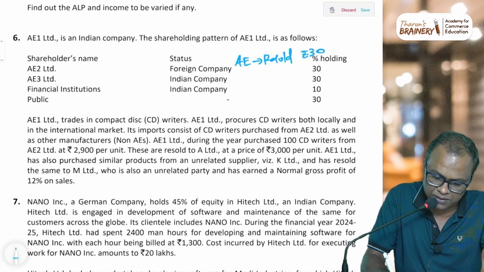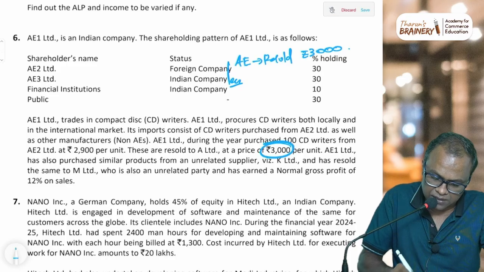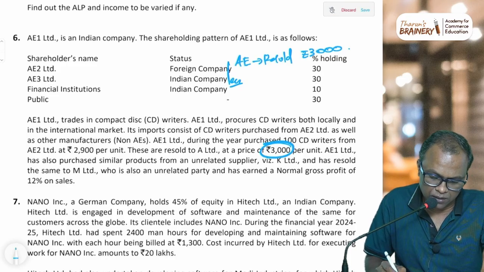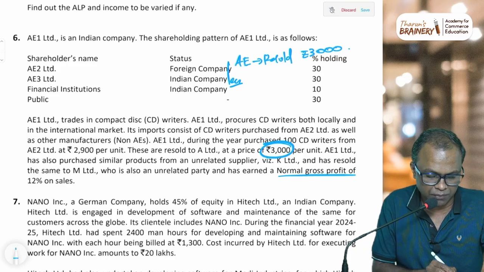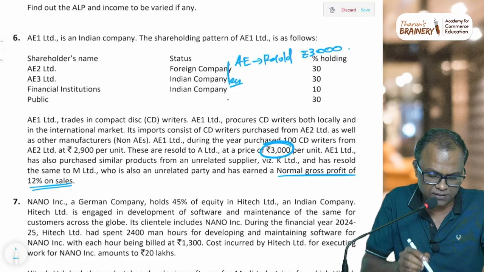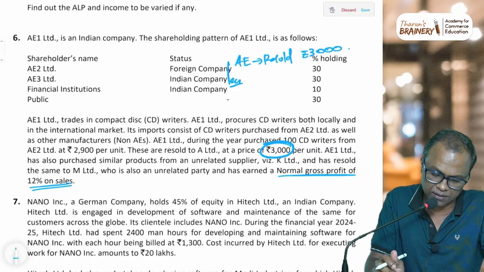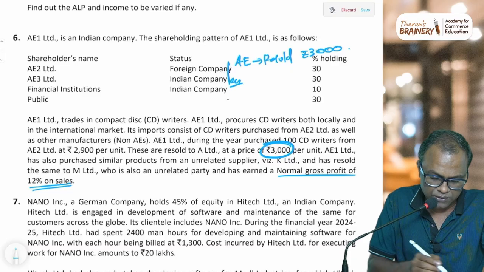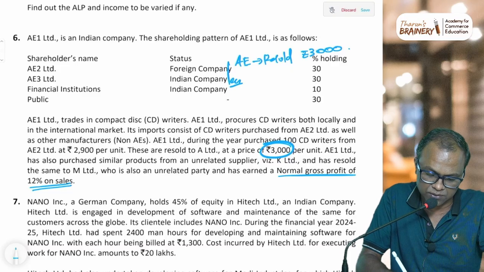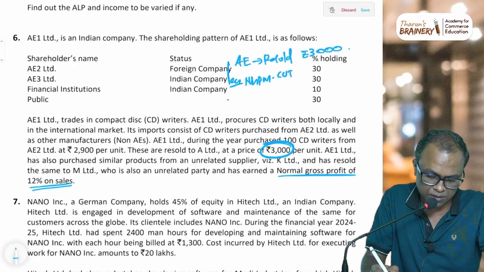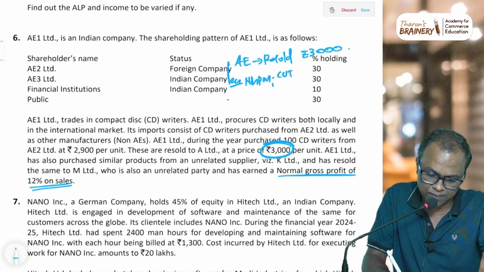That price is rupees 3,000. Less, from this 3,000, reduce the normal gross profit margin on the sales which is originally purchased from an unrelated party, imported from an unrelated party and resold to parties in India. That is in this case 12% on sales. So less normal GP margin in a comparable uncontrolled transaction, that is 12%.